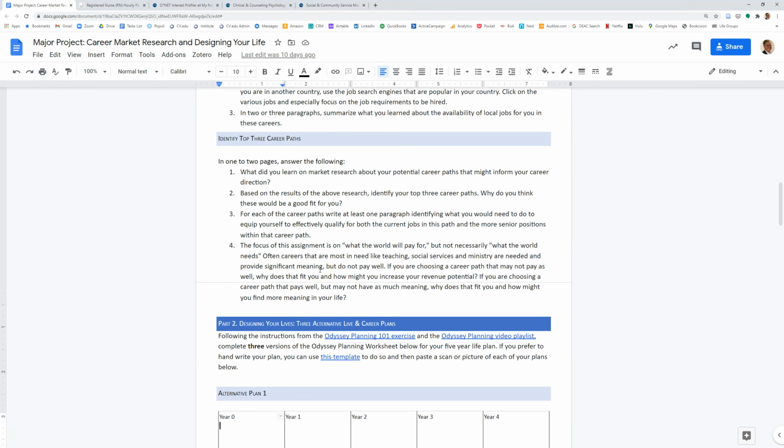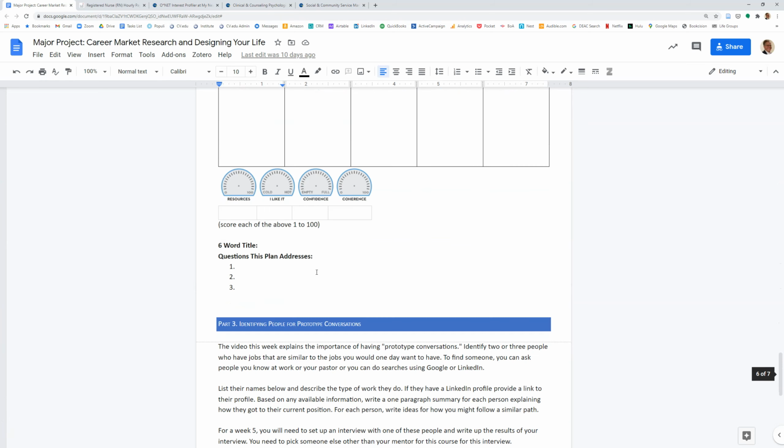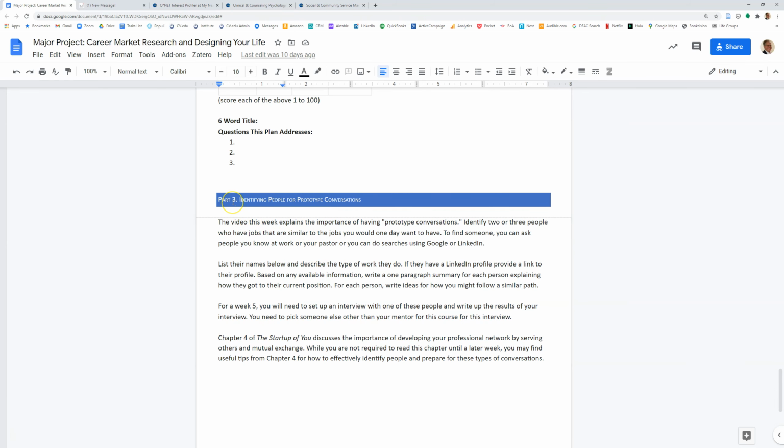And then there's the third part, which is identifying people for a prototype conversation. That's what they call it in the Designing Your Life book. Basically, who's someone who could give you some real market feedback? So if you're in addiction counseling and want to become a licensed professional counselor, find someone who already is that. Find someone much more advanced in your career who can give you market feedback.